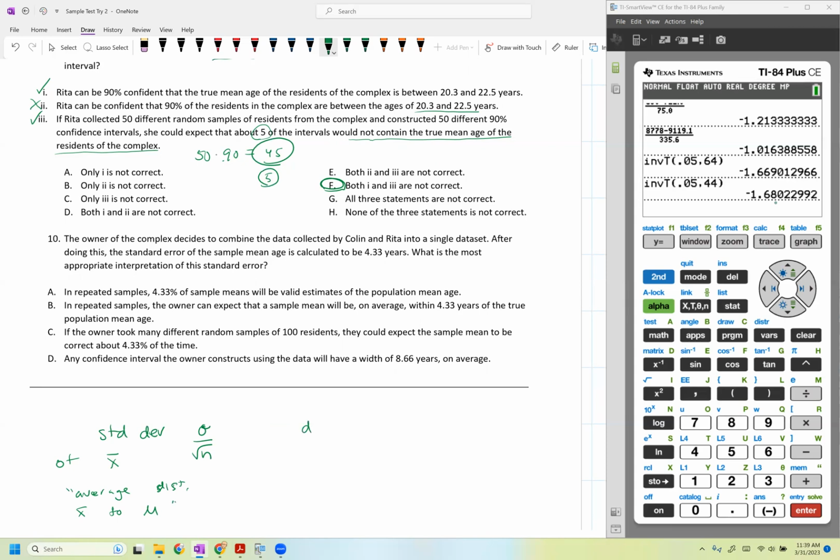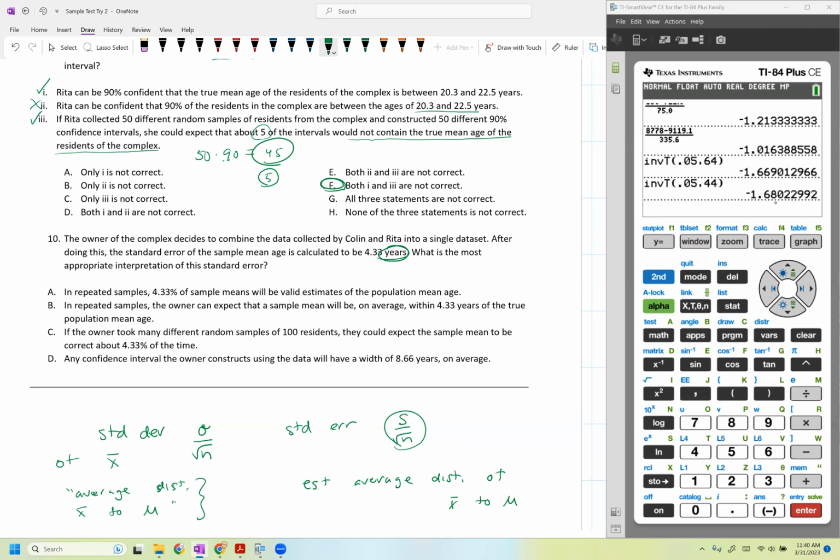Now, when we have a standard error, it means that instead of using sigma, we use S. And the only difference is that this average distance becomes the estimated average distance of our X bars to our mu. So the standard error, again, is an average distance and is measured in the same units as the mean.